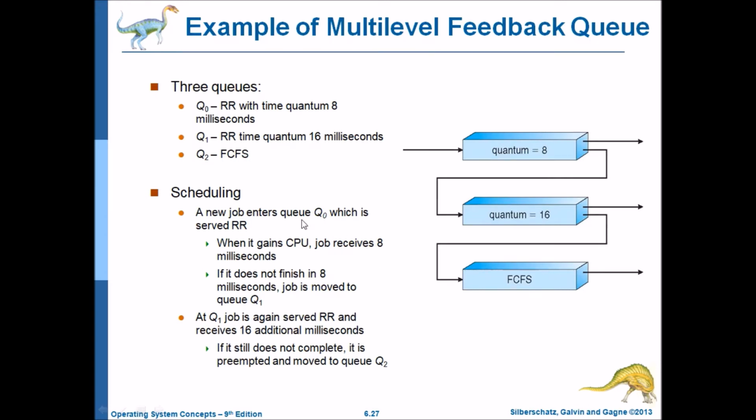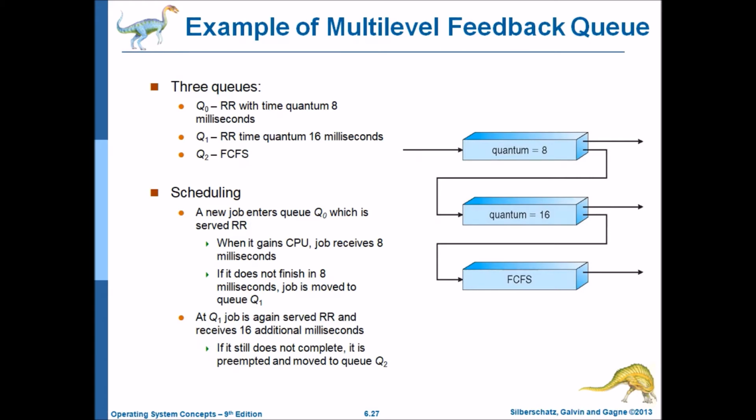For the scheduling, a new job enters Q0, which is served in a round robin. It gains the CPU and the job receives 8 milliseconds. If the process does not finish within 8 milliseconds, the job is moved to Q1.